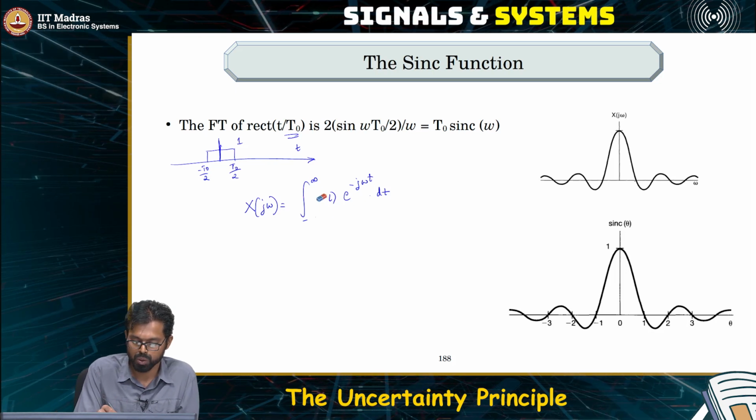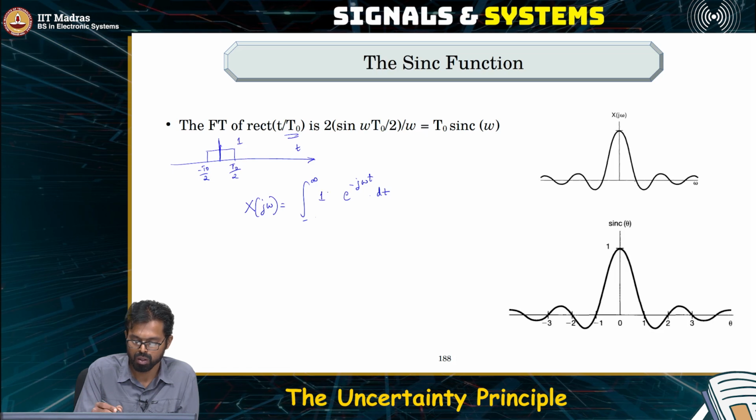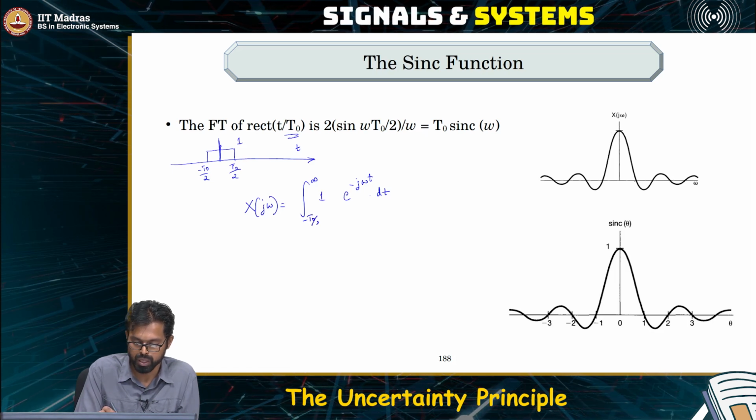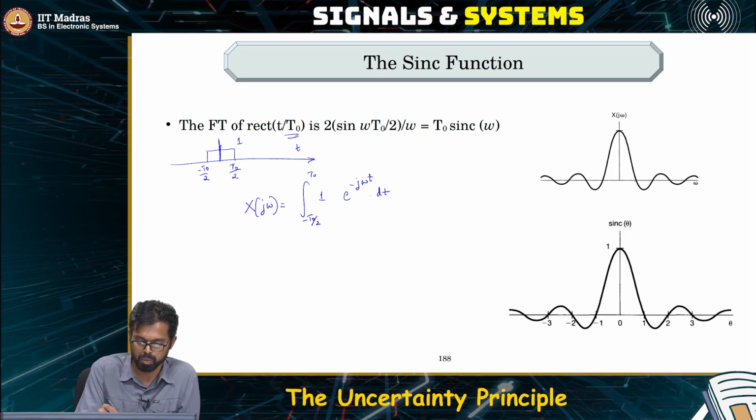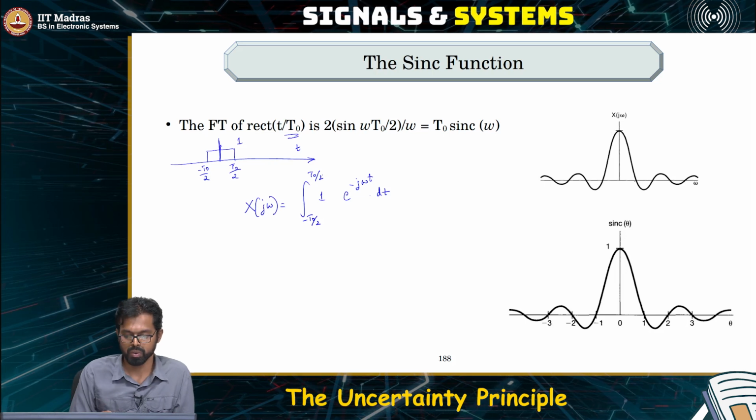So this is equal to 1 for minus t naught by 2 to plus t naught by 2, 0 everywhere else.